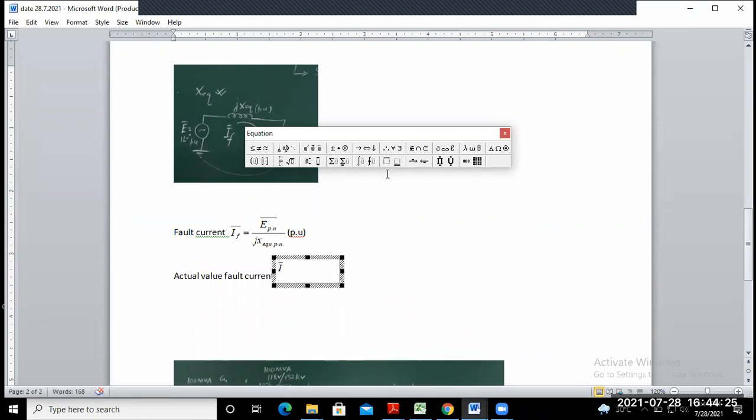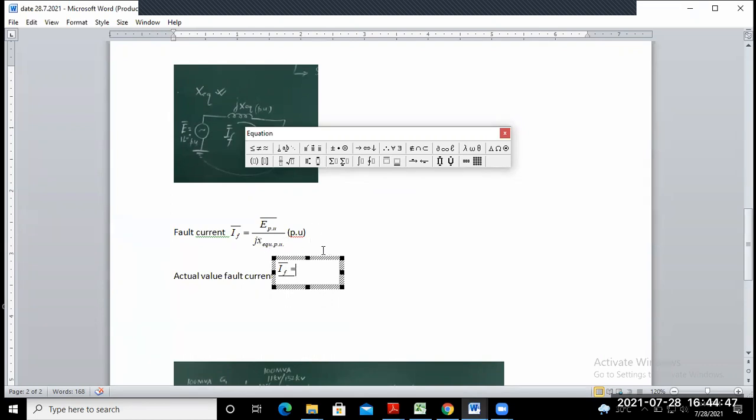How can we represent the per unit value of any quantity? IF in actual, that means IF divided by base. Maybe write here in actual value. So IF equal to per unit quantity into base value.